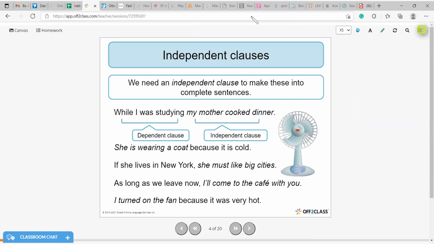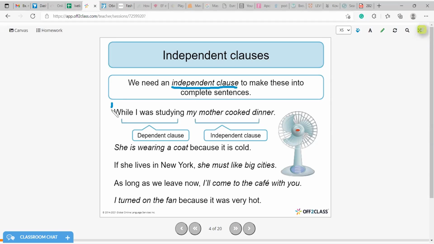Right. So, let me highlight the information. So we need an independent clause in order to make a complete sentence. So an independent plus a dependent.